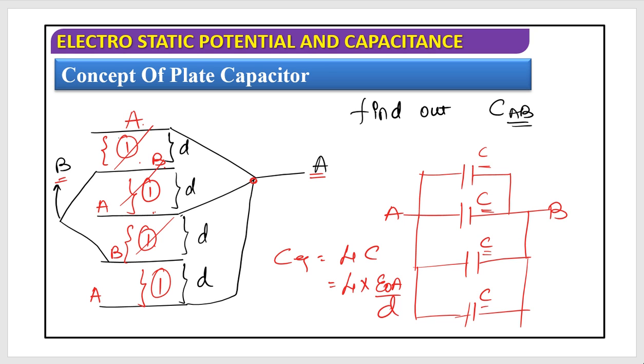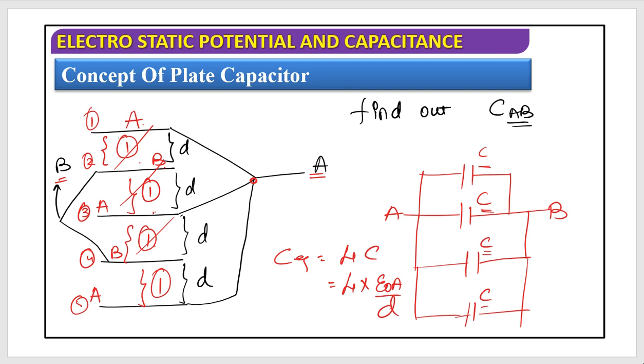But here we have done this task with the help of only five plates: 1, 2, 3, 4 and 5. Our task has been done with only five plates. I hope you understood this. So we require less space, and we can form the same capacitance with the help of these plate capacitors.